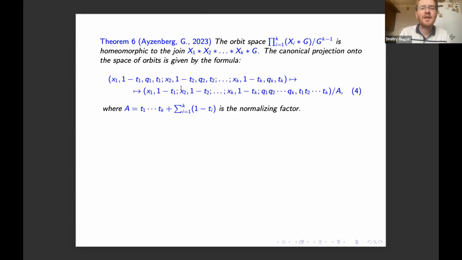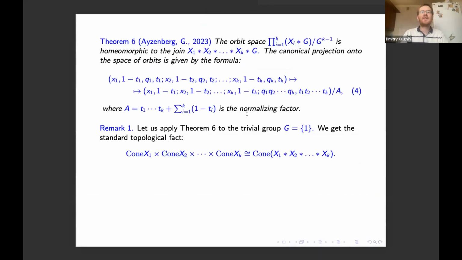Here we take again the last q's, you multiply them and take the barycentric coordinate here, the product of the corresponding barycentric coordinates, but you just need to normalize it by a normalizing factor in order to have the sum of the coefficients equal to 1.